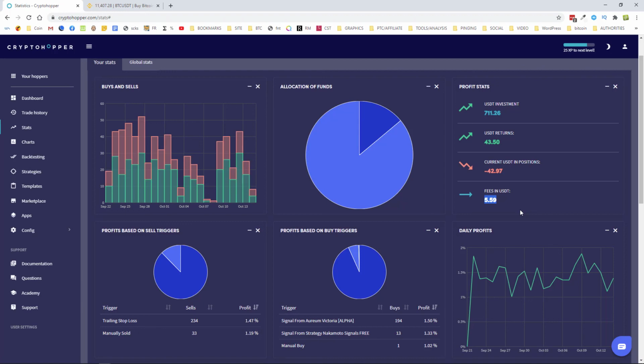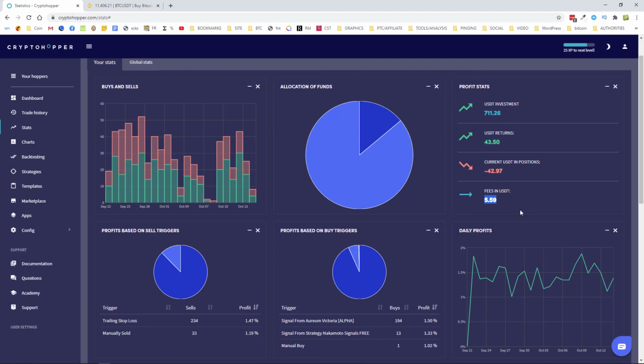So never ever spend all of your capital on one coin at one time. Use small amounts like $10, $15, $20, all right, and set it to take a profit at about 1.2% and have a trailing stop loss of about 0.4%.